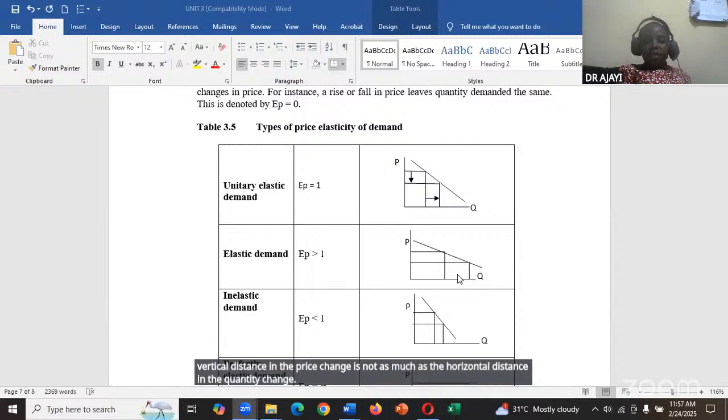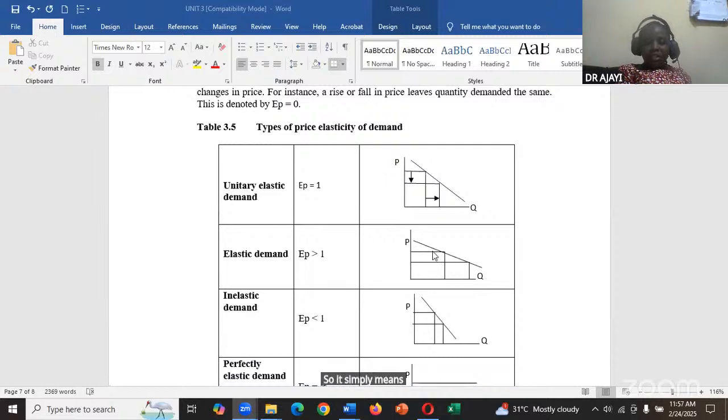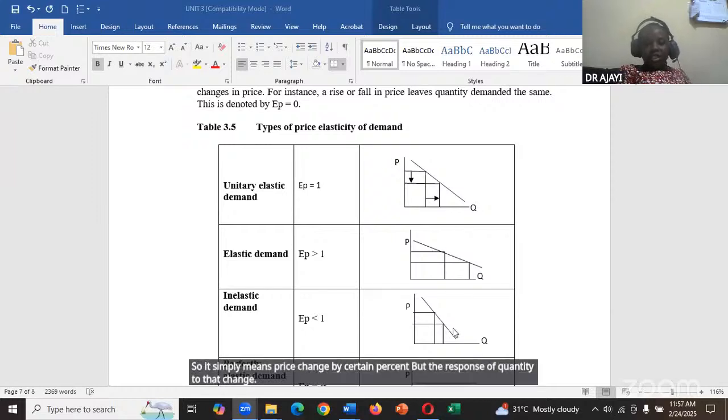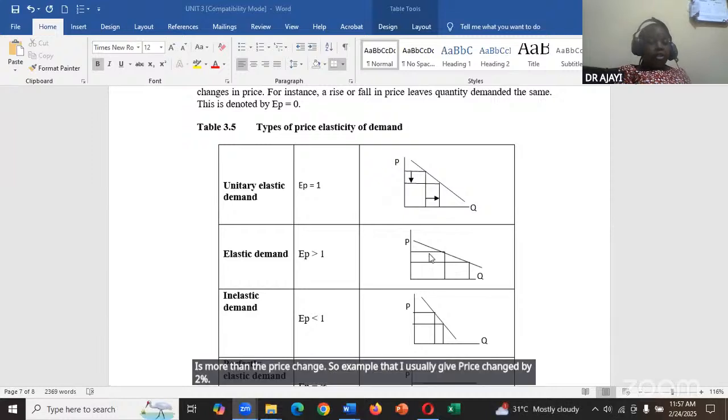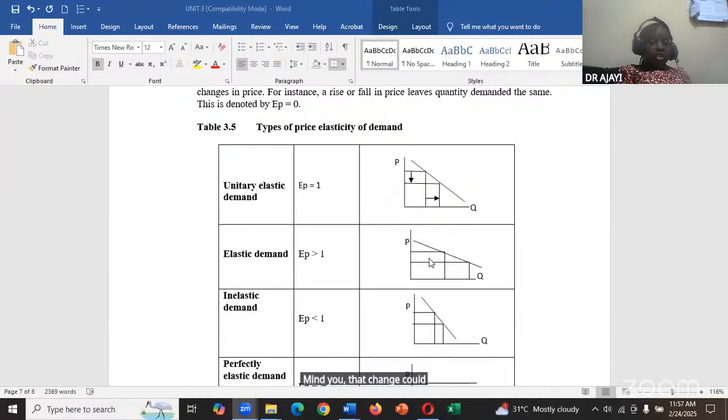So it simply means price changes by a certain percent, but the response of quantity to that change is more than the price change. An example that I usually give is price changes by 2%. Mind you, that change could be an increase or decrease, it depends. So price changes by 2%, but the response of quantity to that price change is more than 2%.